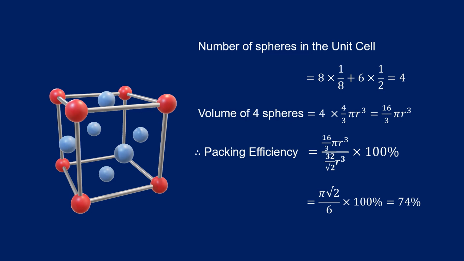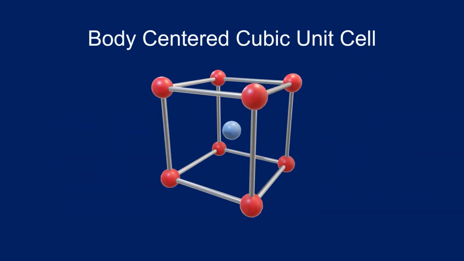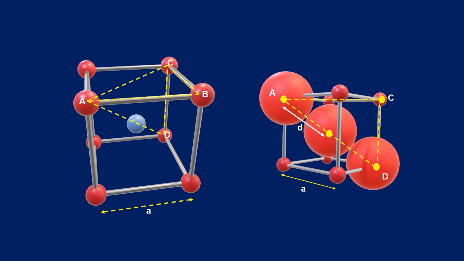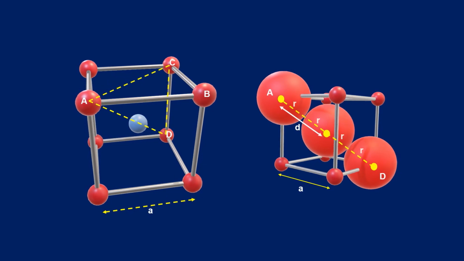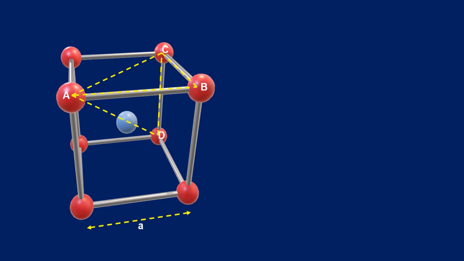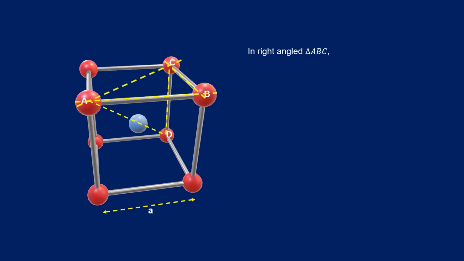Now finally, let us calculate the packing efficiency of a body-centered cubic unit cell. As the sphere at the body center touches the spheres at the corners, the body diagonal AD is equal to 4 times the radius r. Now, if we consider the right-angled triangle ABC, the value of the face diagonal AC can be calculated using the Pythagoras theorem.